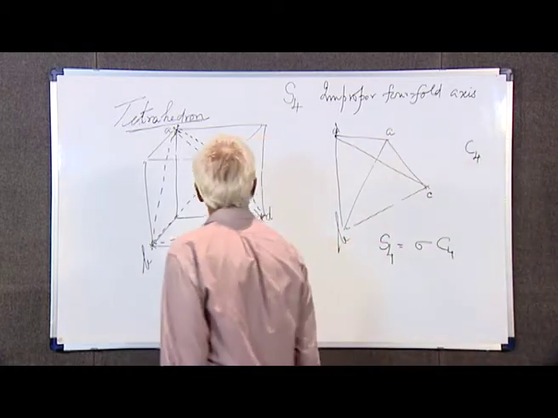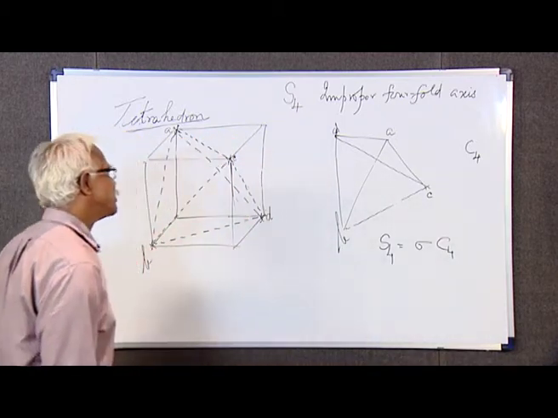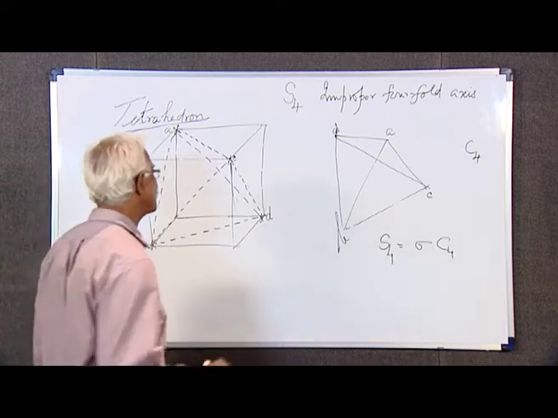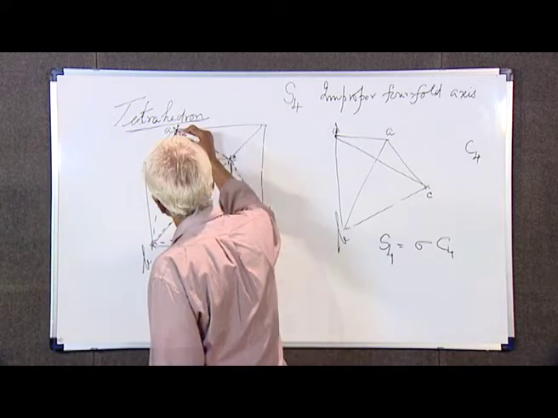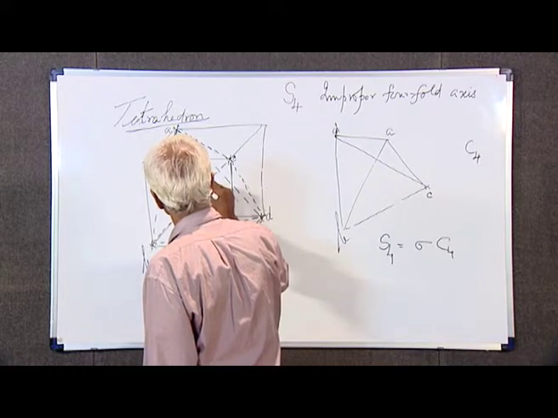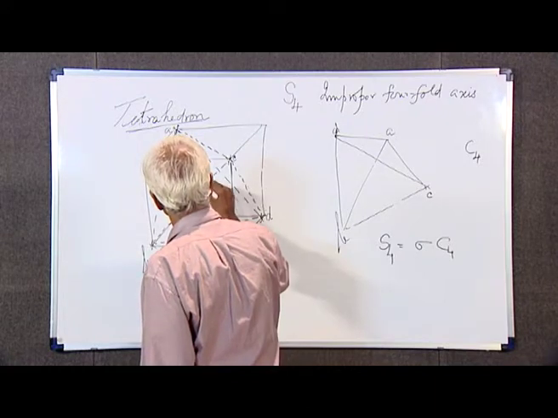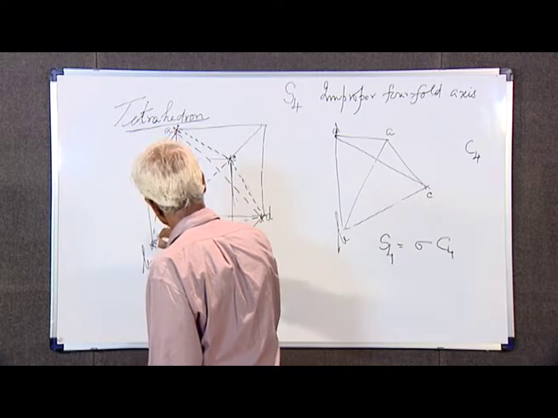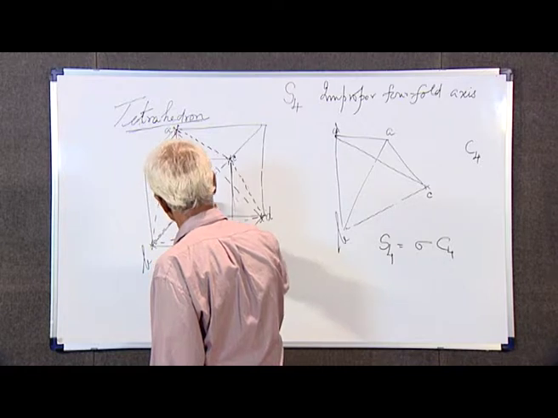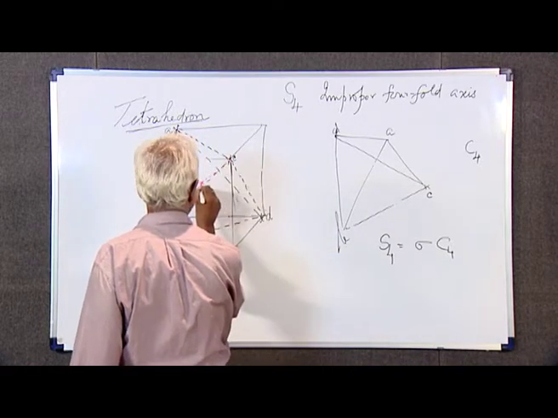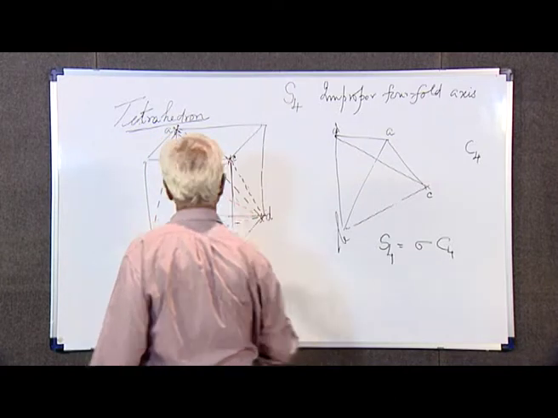Now, you are very close to diamond structure, because let us join the body center of the cube to OA, OB, OC, OD.